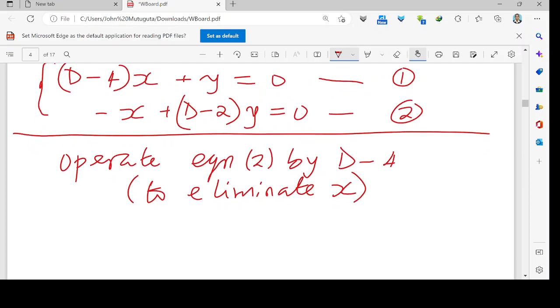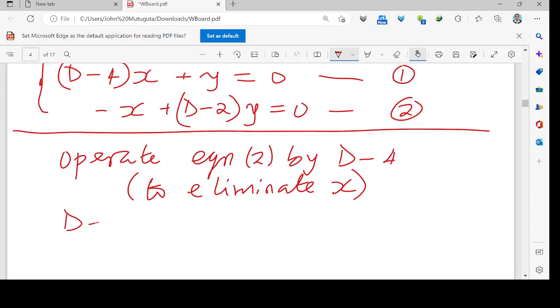So we write the first equation, which is D minus 4 operating on x, plus y is equal to 0. We are not doing anything to the first equation.